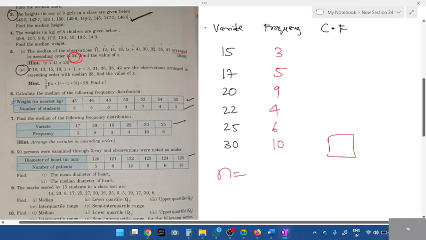Remember, the first one is xi, the second one is fi, frequency, the third one is cumulative frequency.